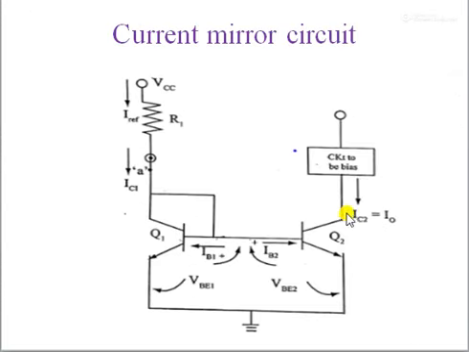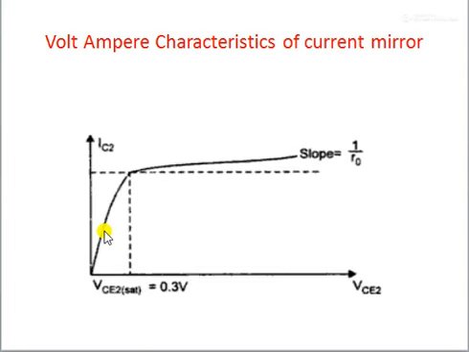From the VI characteristics of the current mirror, it is seen that for VCE2 less than 0.3 volt, the transistor Q2 is saturated, and for VCE2 greater than 0.3 volt, the transistor operates in the active region, and the collector current IC2 is almost constant. This slight increase in IC2 is due to early effect. The slope of the curve in this region gives the output resistance R0 of the current source.